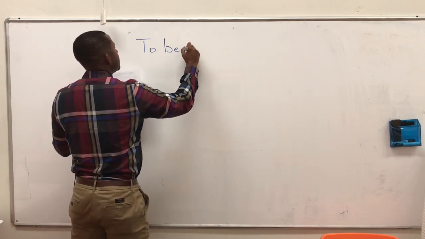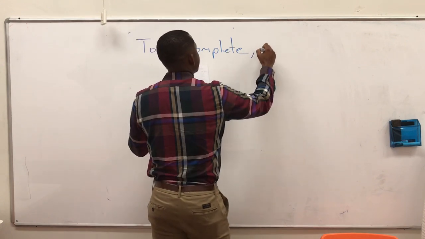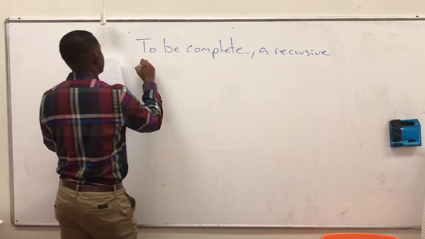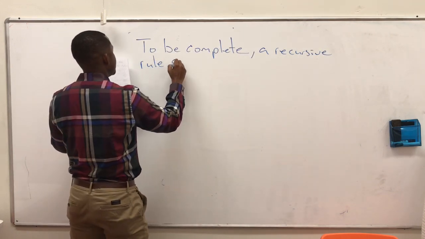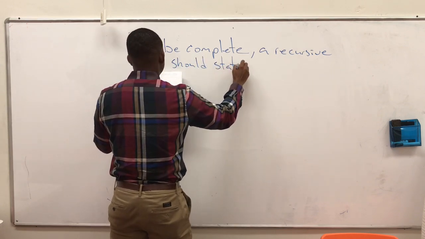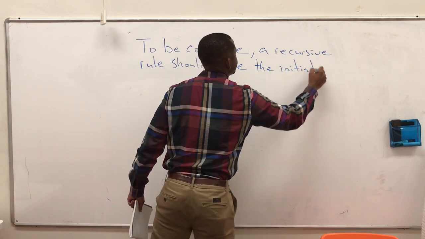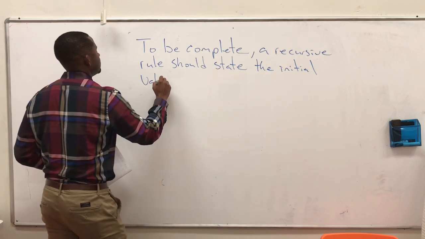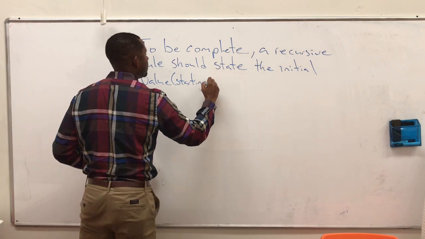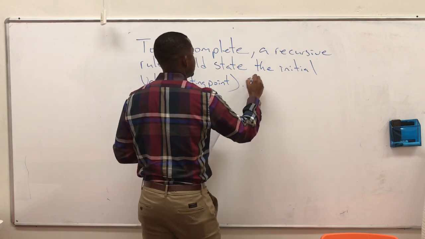Last thing you have to write. To be complete, a recursive rule should state the initial value. In other words, the starting point. Like, where does your rule start? What number does your rule start on?